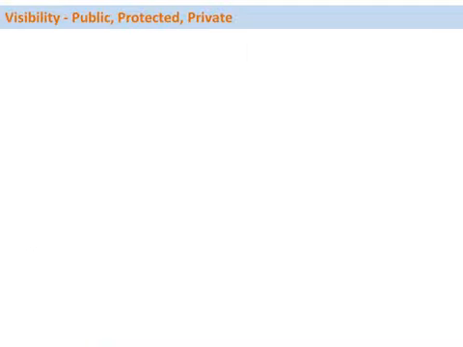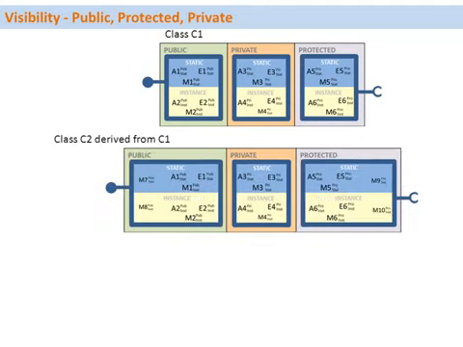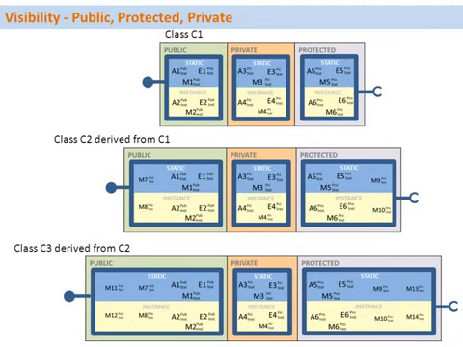Let's have a look at different visibility sections in a class. We have public, protected and private section. Let's take an example. We have class C1. We take another class C2 which is derived from C1. We take another class C3 which is again derived from C2. As we have learned, the public and protected section are fully inherited downwards.